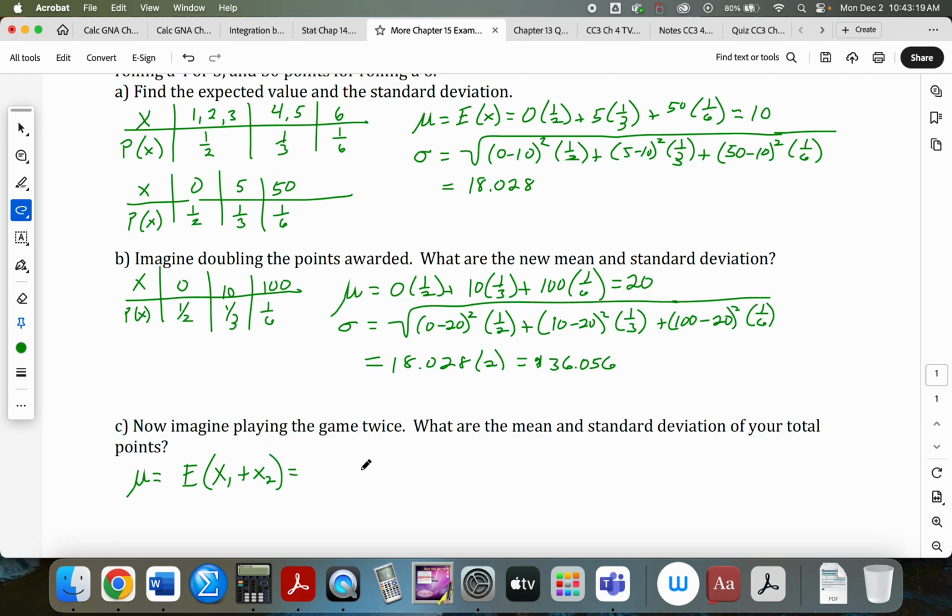This is a rule that you need to memorize. It's the expected value of x1 plus the expected value of x2. So we're back to the original game, by the way. I don't know that I made that clear. I guess I should have said the original game twice.